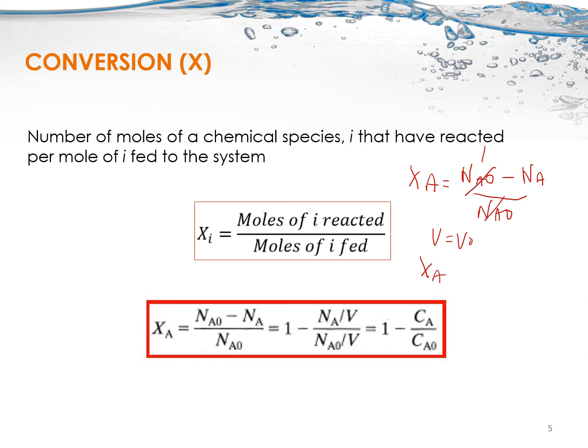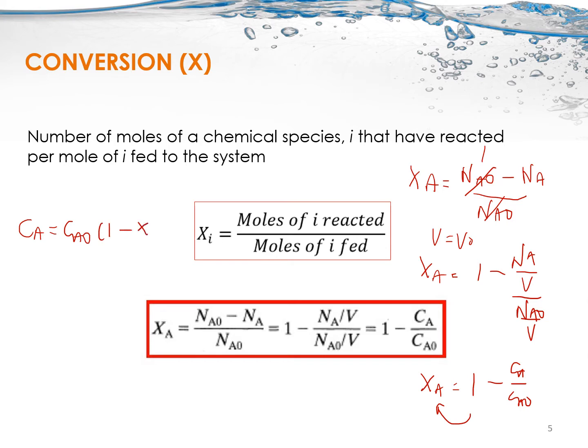You expand the equation to become 1 minus Na over V, and Na naught over V. From here you can simplify it into a concentration equation, which is Xa equals 1 minus Ca over Ca naught. You can rearrange it to become Ca equals Ca naught times (1 minus X).